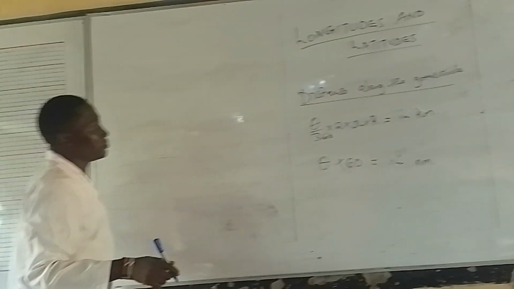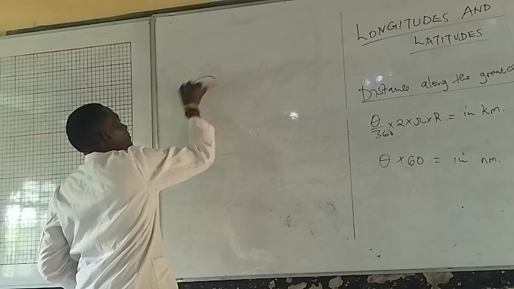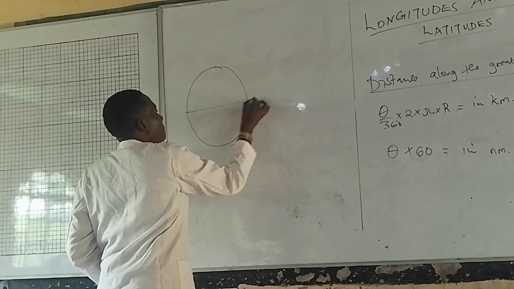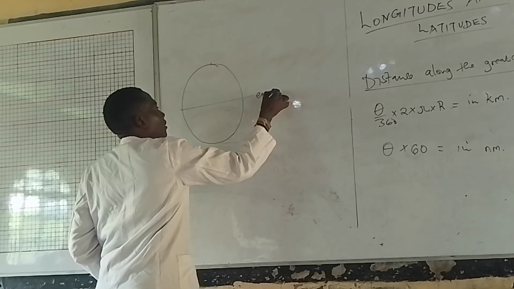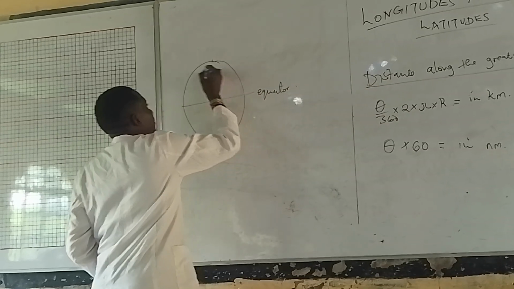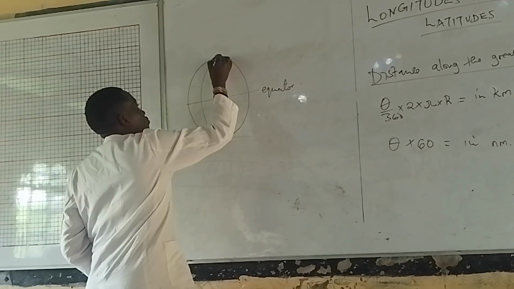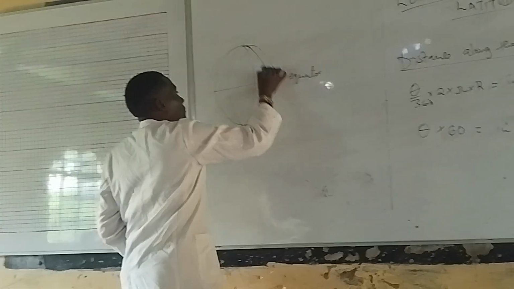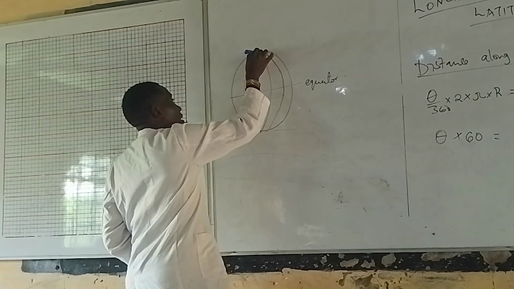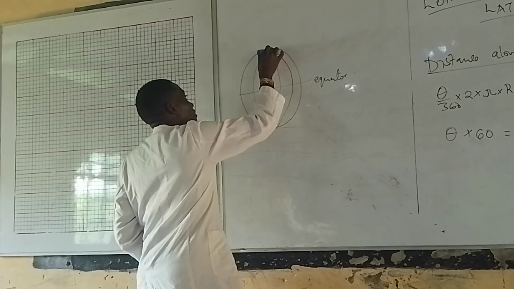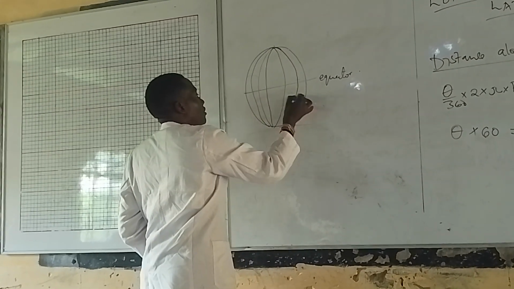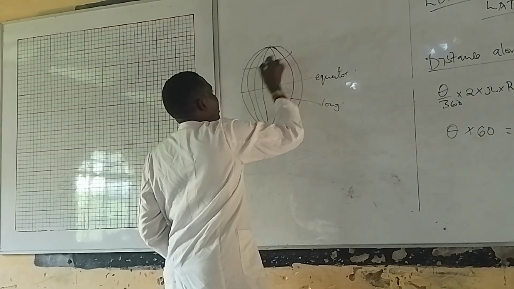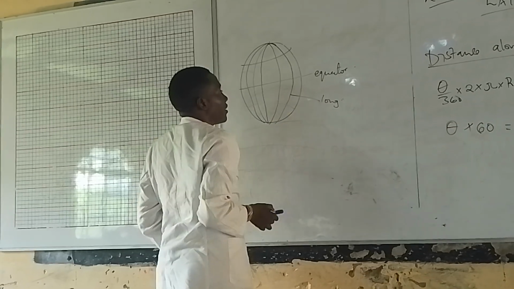So let us assume we have our globe there. This is our equator. These are the longitudes. Remember we said that they are the longitudes, while the ones running this way are the latitudes.